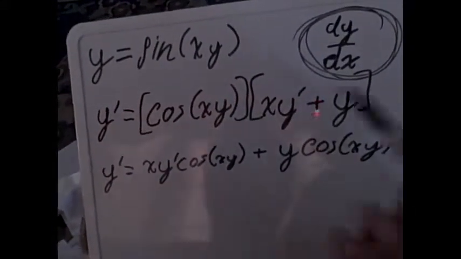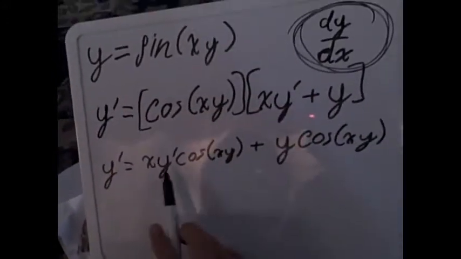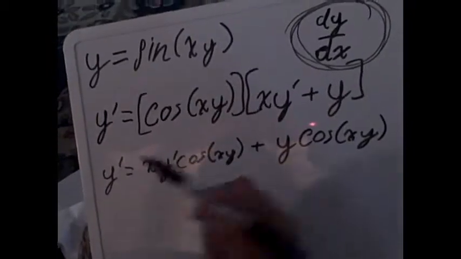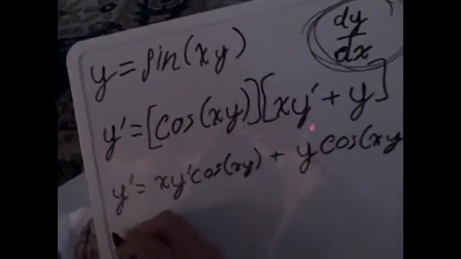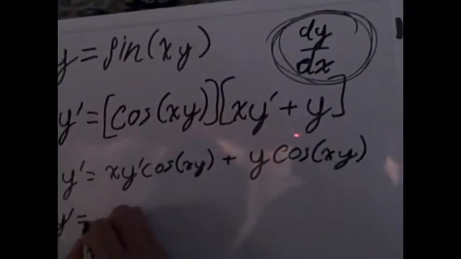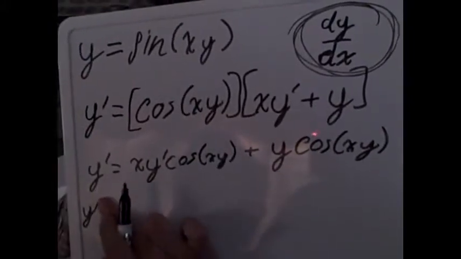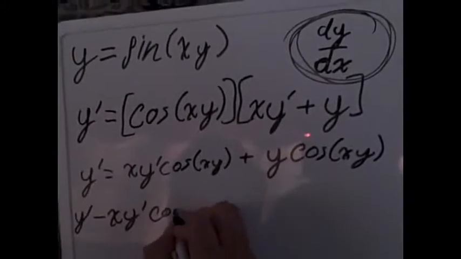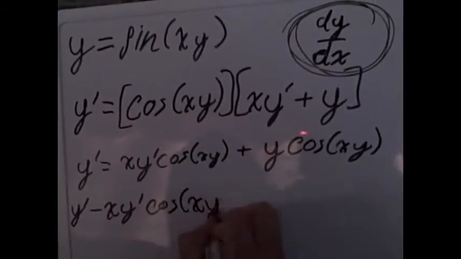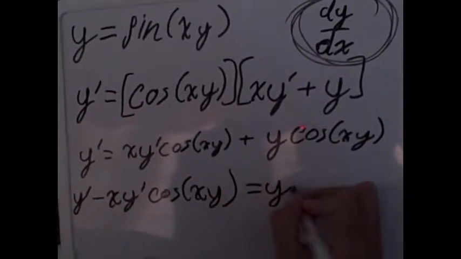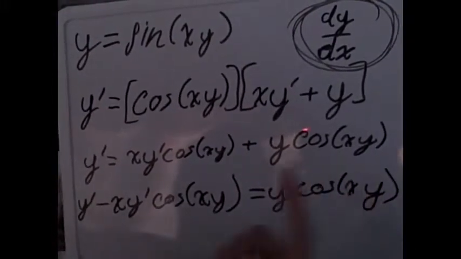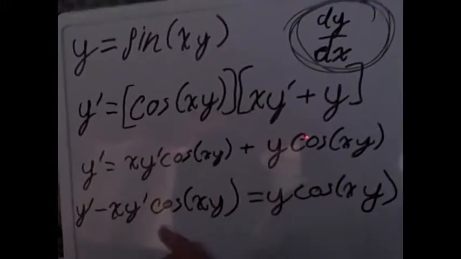Now we're going to organize all this. We need all the y primes to the left side of the equal sign. So we'll have y prime minus x y prime cosine xy is equal to y cosine xy. I just subtracted it from both sides so we could get all the y primes.